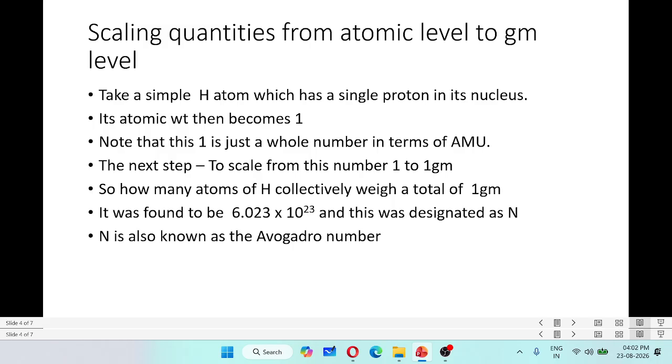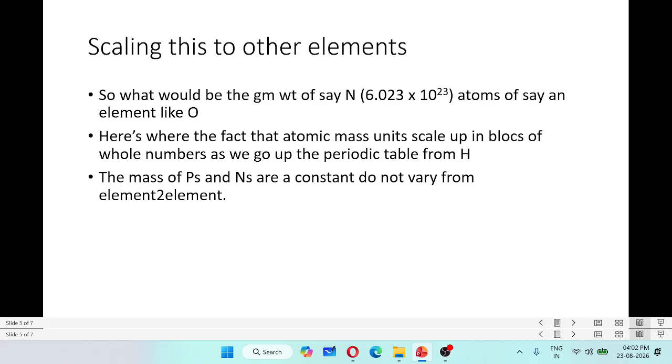Now I will show you how this is a constant. When we scale this to other elements, what would be the gram weight of N, or Avogadro number, of atoms of an element like oxygen? Here's where the fact that atomic mass units scale up in blocks of whole numbers comes in. It's not fractions.